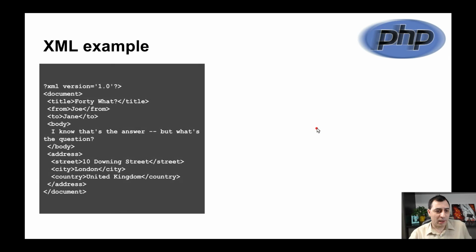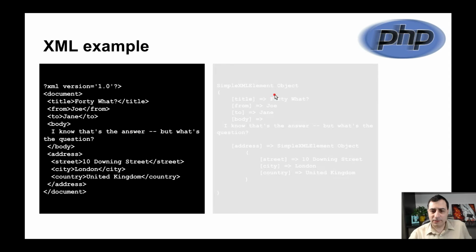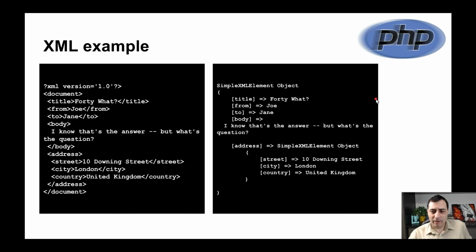Let's take a look at an example. As you may know, XML is based on markup. These tags are markup tags, and they can also be nested. You can find tags inside other tags. So let's take a look at the result of parsing these XML configuration values.